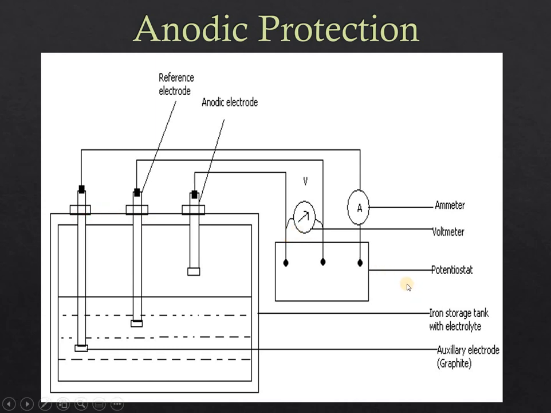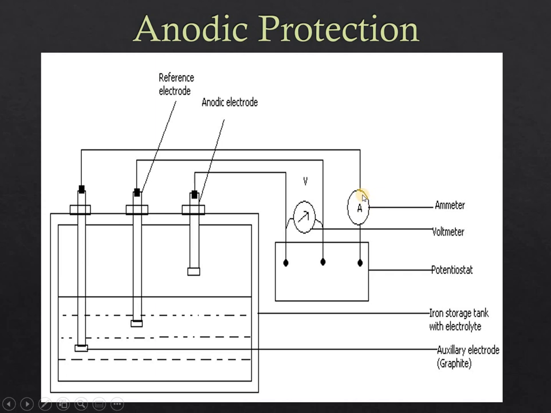Now to this metallic structure a passivity potential is applied, which is measured and maintained with the help of this voltmeter, while there is a third electrode called the auxiliary electrode. It is connected to the tank and the potentiostat. This auxiliary electrode will measure the corrosion current.